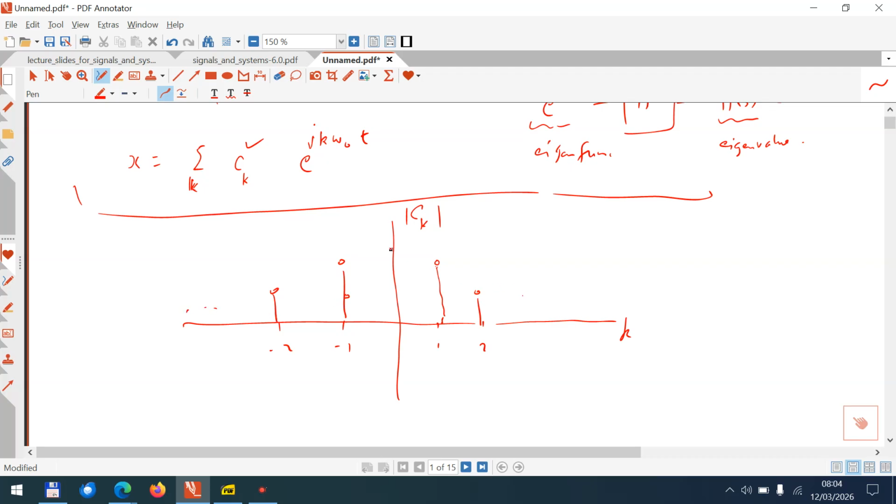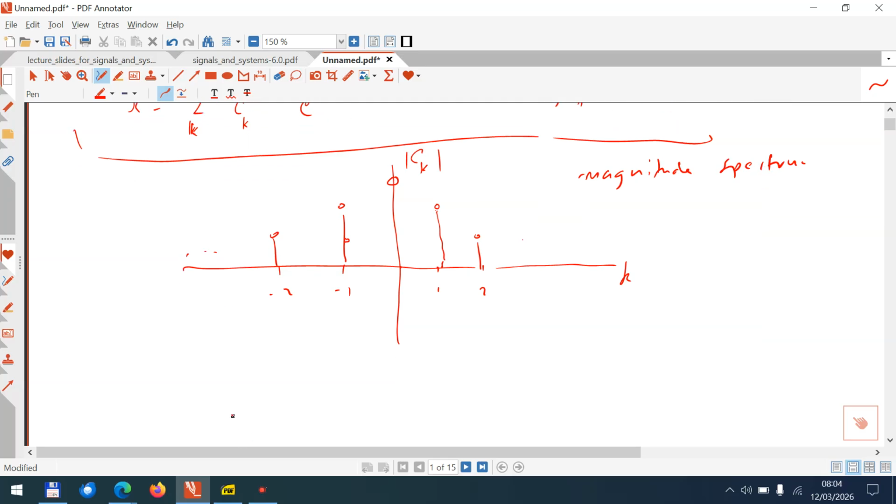It doesn't matter which shape you have. Maybe at 0 you also have some value. This plot we have a name for. It was the magnitude spectrum, right?